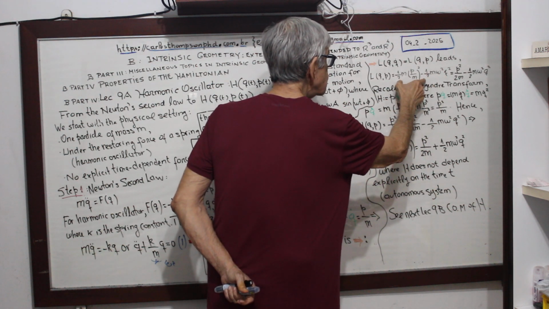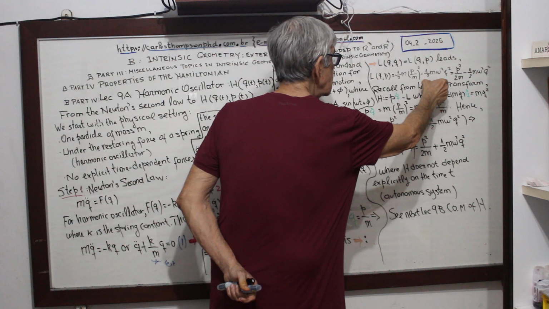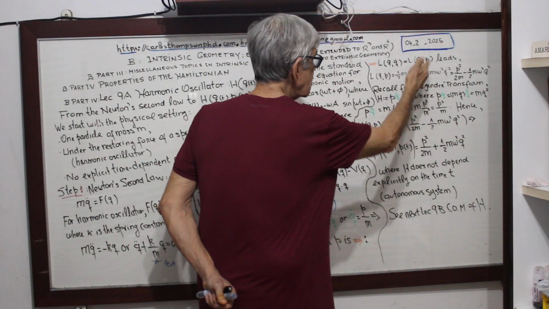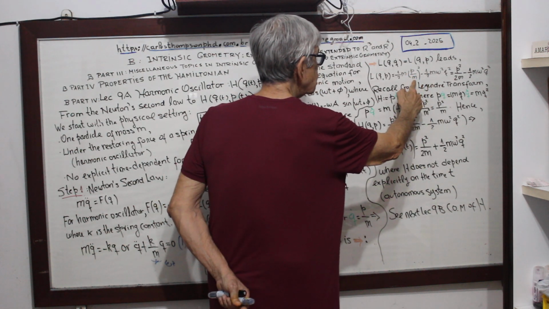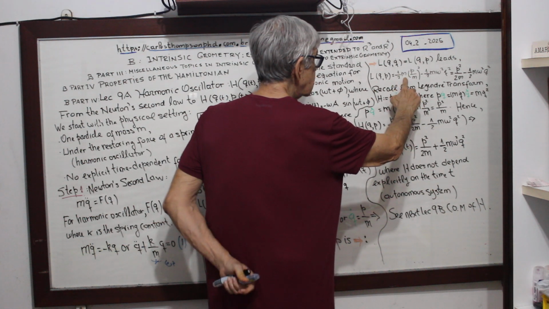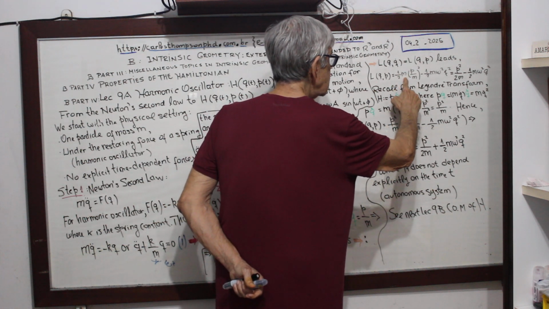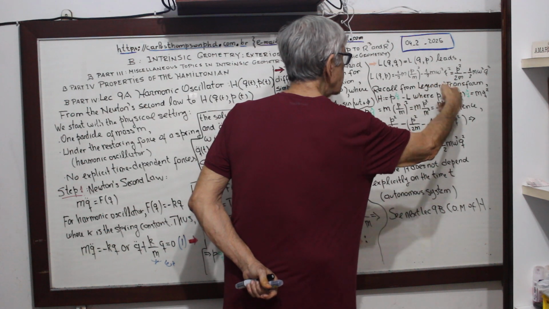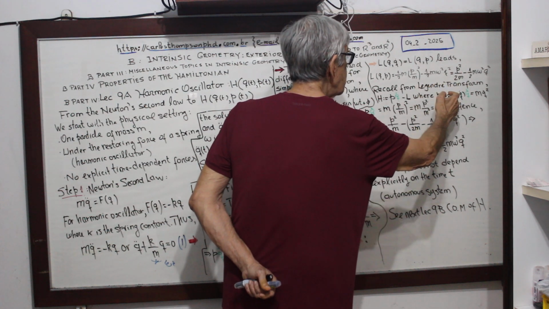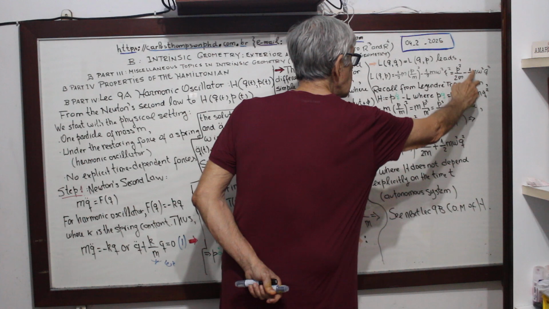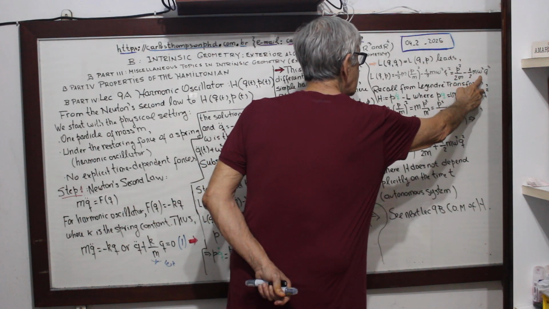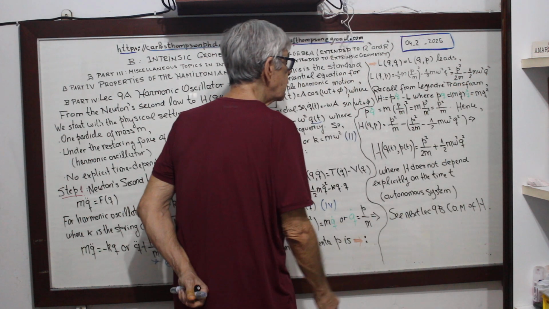This is kinetic energy, potential energy, okay? So this p squared divided by m squared, I can cancel this m, so this leads to p squared over 2m, and this minus 1/2 m omega squared q squared.